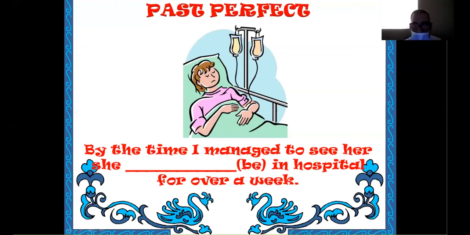By the time I managed to see her, she had been in hospital for over a week. So first she had been in the hospital, then I could see her. So what happened first? She had been to hospital, then I saw her.